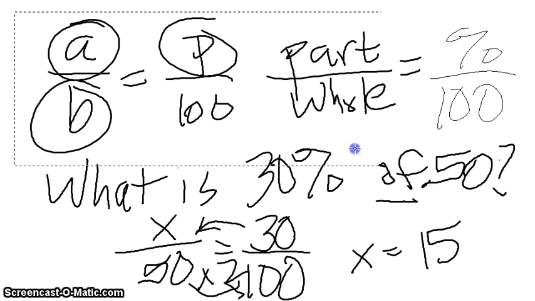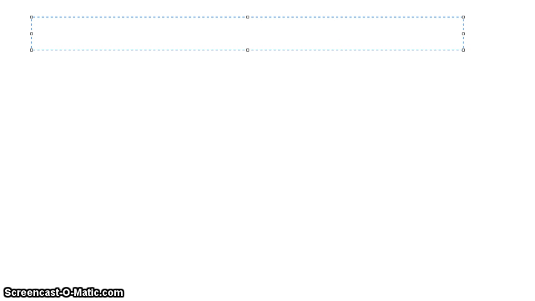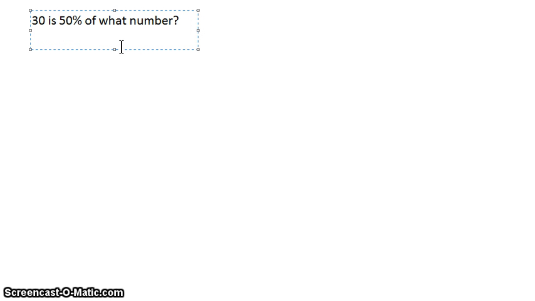All right. Now, another type of problem you might see is something like 30 is 50% of what number? Now again, the of is usually in front of the whole, so 30 is 50% of what number? Just evaluating that, in the way I read that, 30 is going to be the part.